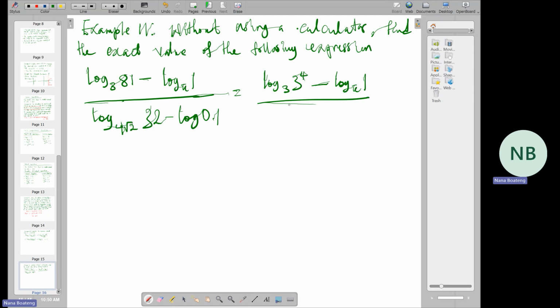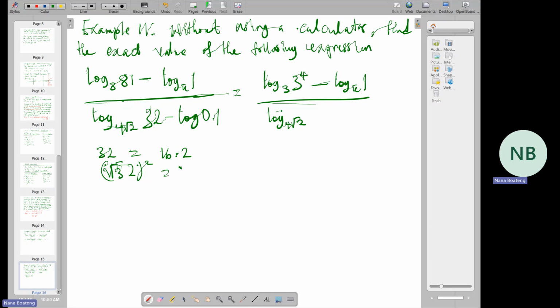log to the base 4 root 2 of 32, and 32 can be expressed as 16 times 2. All right, so 32 itself is the same thing as the square root of 32 squared, right?